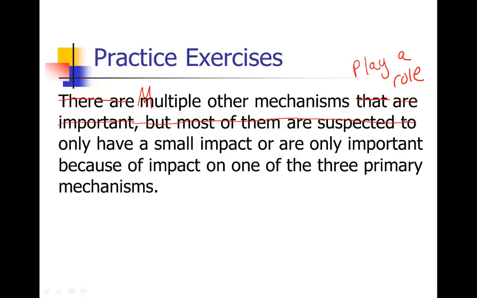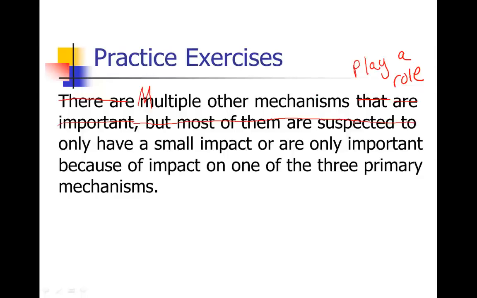And then we get "they either have a small impact, so therefore, they're not one of the 3 primary mechanisms, or their impact is working through one of the 3 primary mechanisms." Notice the repetition. We get "are only important" because of "impact." Notice the use of "impact" twice, the use of "important" twice.